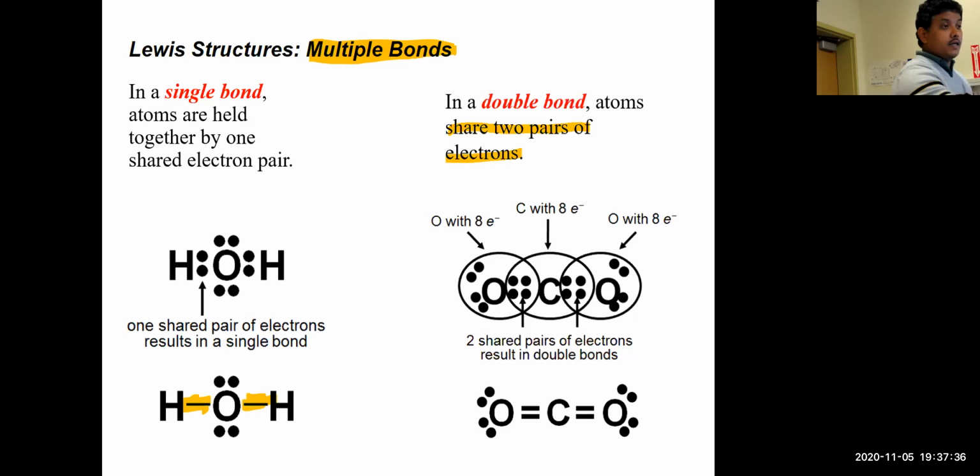The carbon in the center is sharing 1 pair and 2 pairs with the oxygen on the left. And also the carbon in the center is sharing 1 pair and 2 pairs with the oxygen on the right. Because it is sharing 2 pairs with the same element, we are writing double bonds here. That is why we call it a double bond.